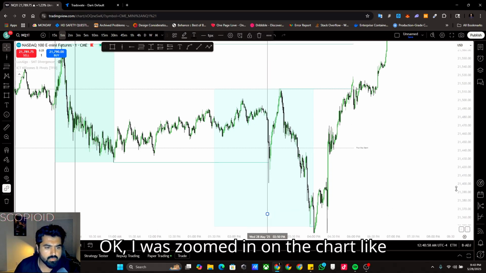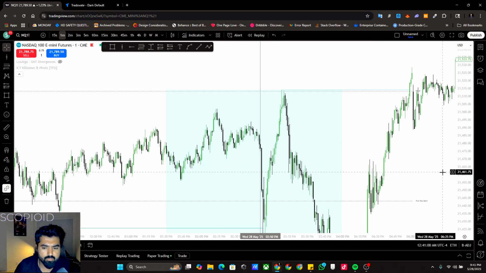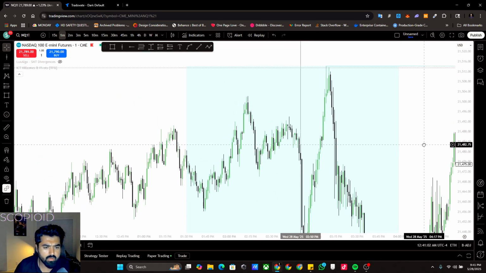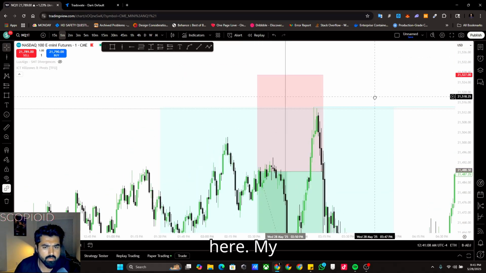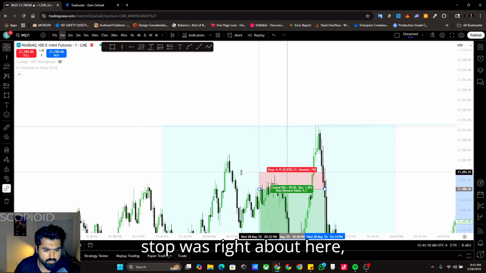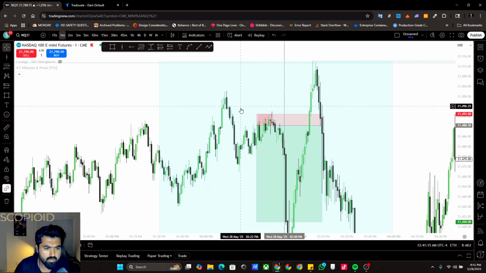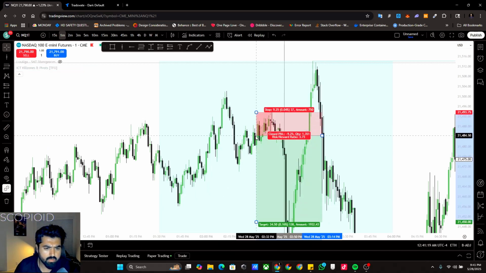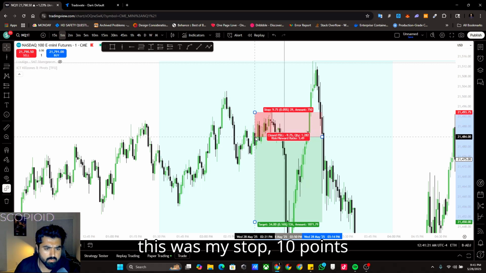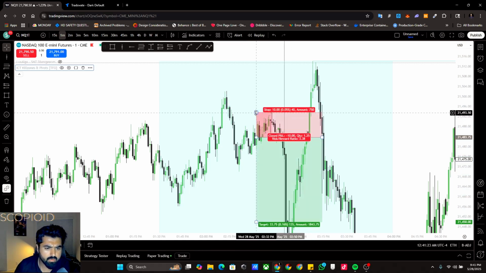Okay, I was zoomed in on the chart like this. I did 2 contracts here. My stop was right about here. Not even here, just a little bit up actually. This was my stop. 10-point stop.